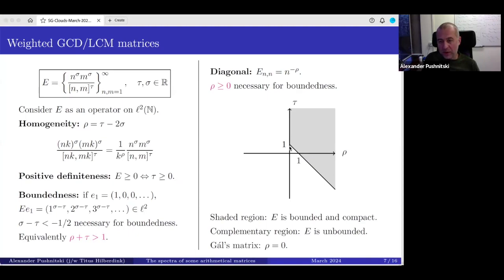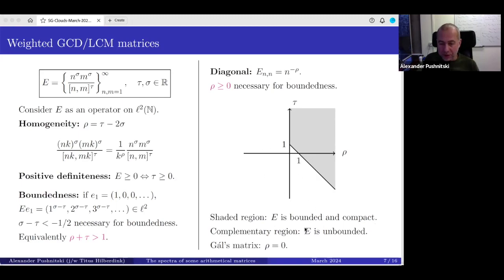Here on this diagram, the shaded region corresponds to the intersection of these two conditions: rho is positive, and rho plus tau is greater than 1. Let's speak about the open shaded region. This is precisely where the operator is bounded, and in the open shaded region, it's automatically compact.